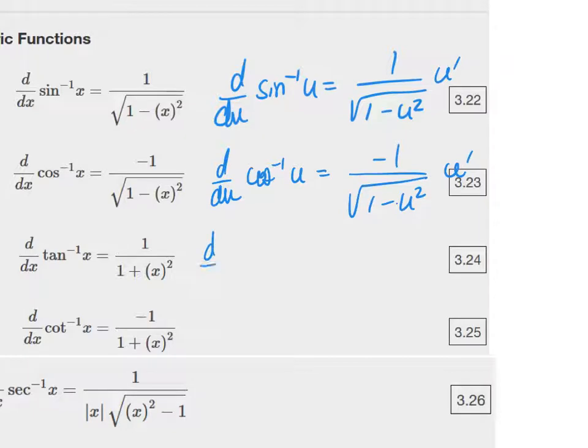The derivative with respect to u of tangent inverse of u is going to be 1 over 1 plus u squared, times the derivative of u. So if your angle is not x, yes, these are all multiplied by u prime.